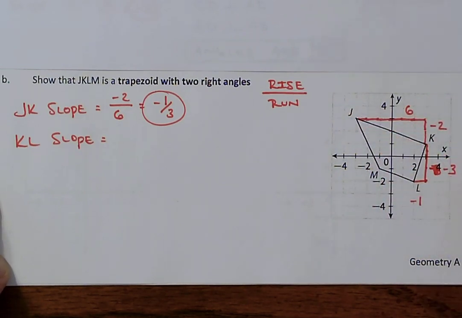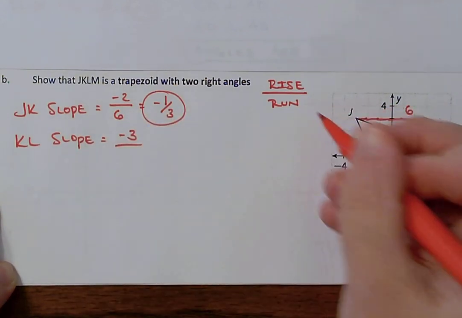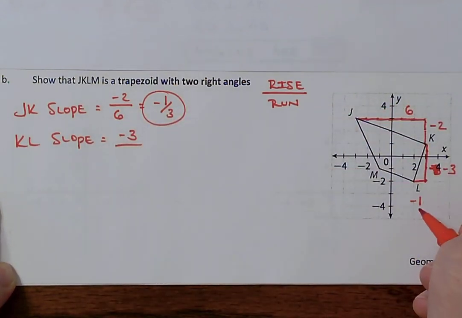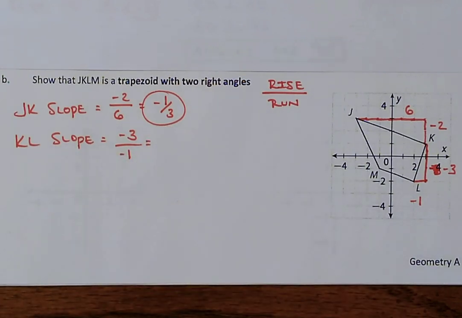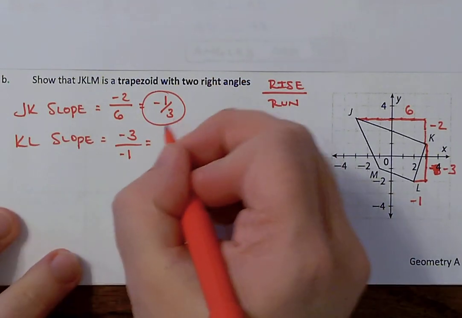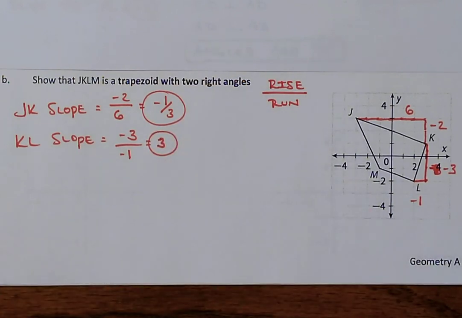Well, we went down 3, and then run, we went to the left 1, so -1. So I have -3 over -1. Two negatives make a positive, and then 3 over 1 is just going to turn out to be 3. So the slope for KL is just 3.